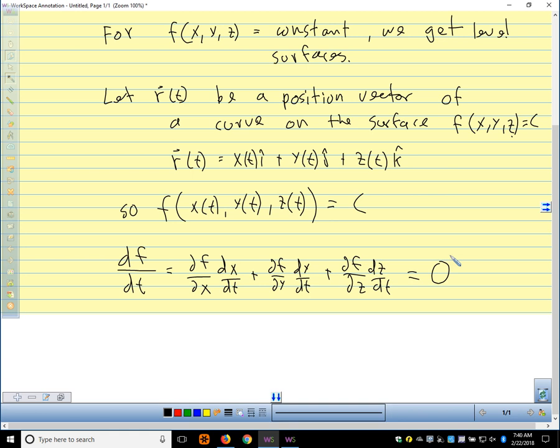Well, what is this quantity? df dx times dx dt, df dy times dy dt, df dz times dz dt. So we have this partial of f with respect to x, this x component, times this x component, this y component times this y component, this z component times this z component.